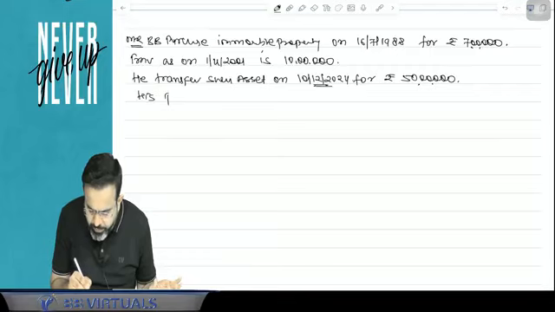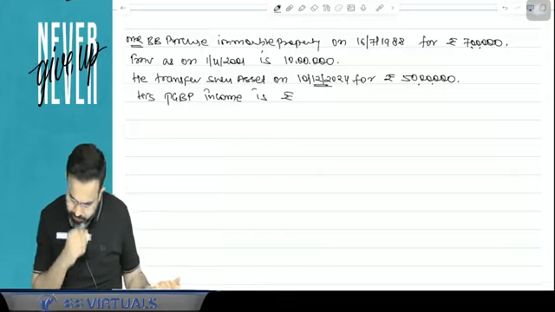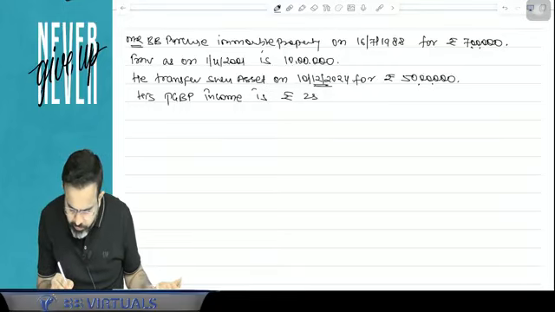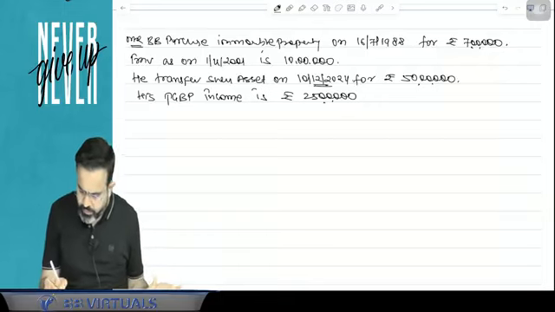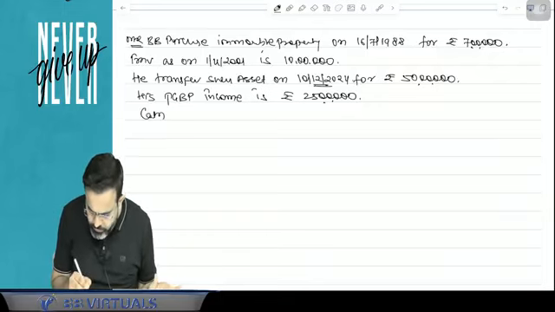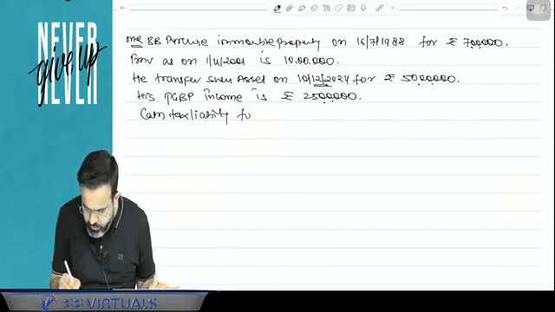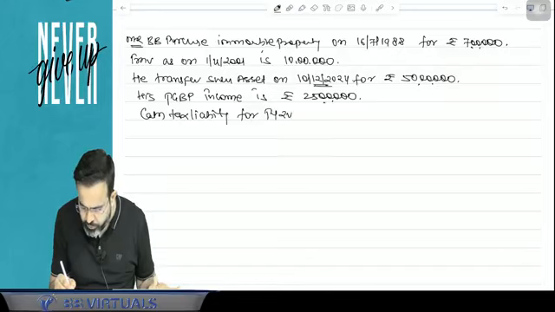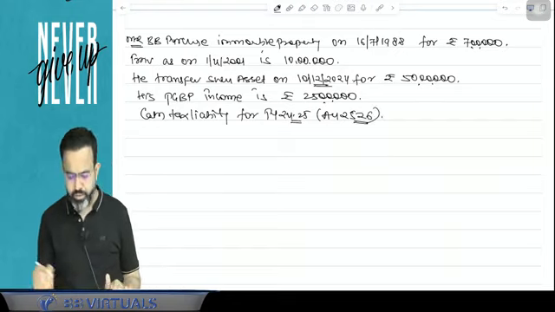His PGBP income is rupees 25 lakh, which means my PGBP income is 25 lakh rupees. Calculate tax liability for previous year 24-25, assessment year 25-26.